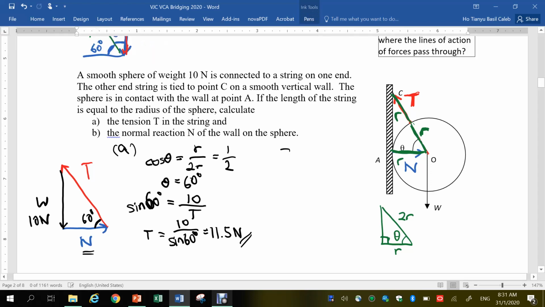Tangent of 60 degrees is W over N. W is the value of 10, so N must then be 10 over tangent 60. If you use your calculator and key in the value, that's not difficult. The value is 5.77 newtons. Okay, that's your answer for part B.